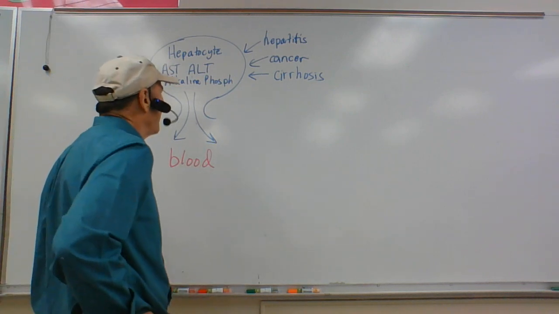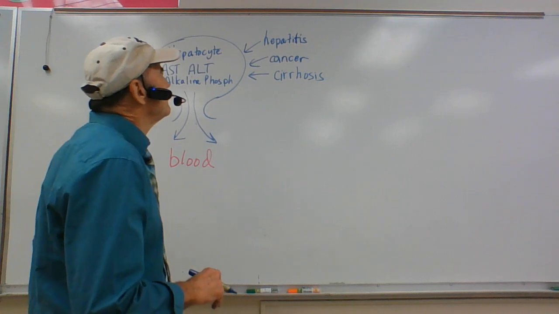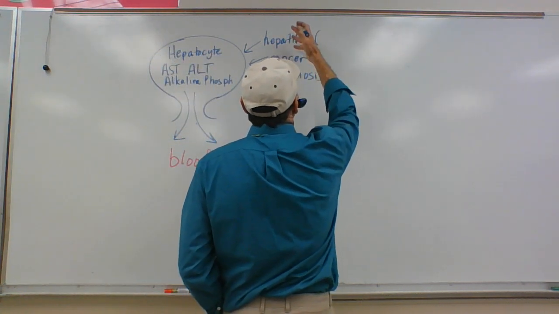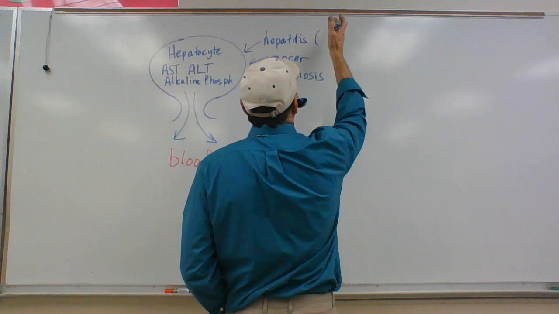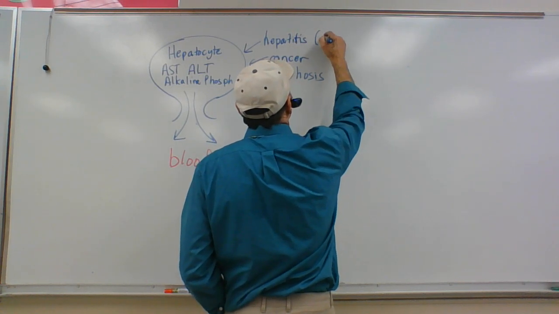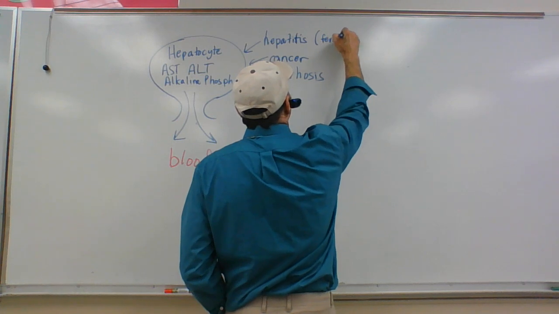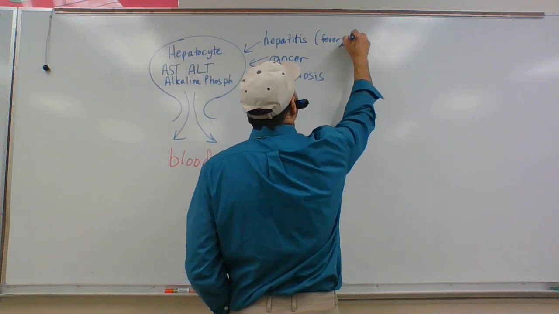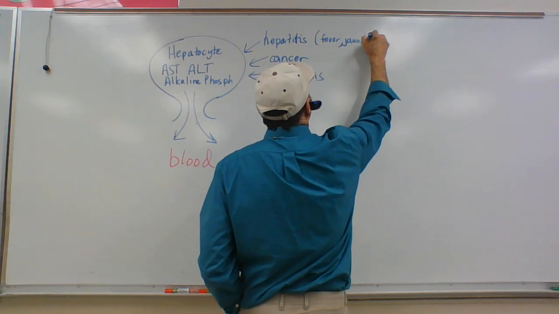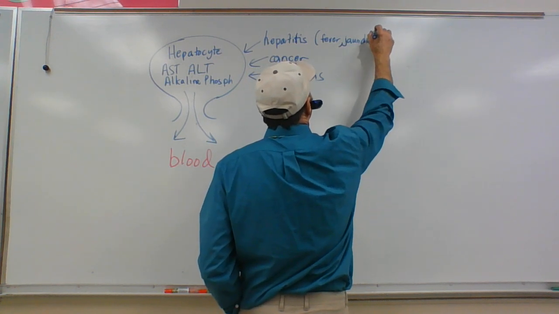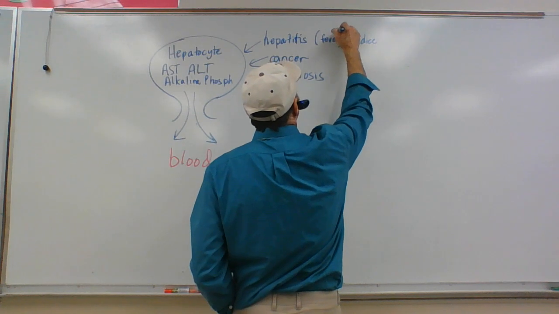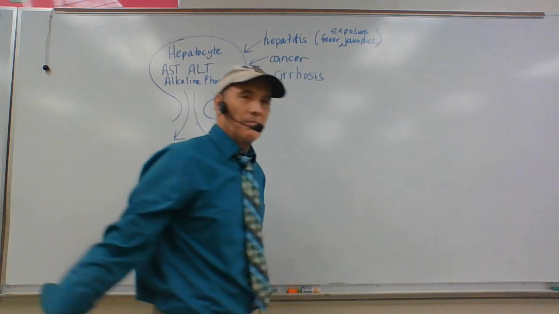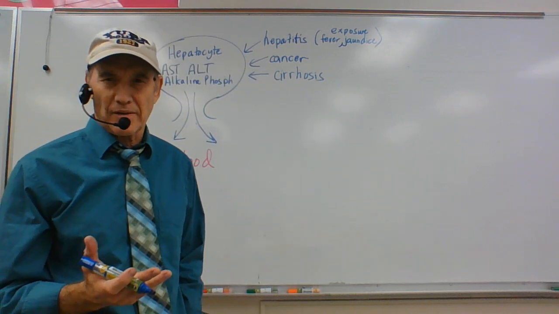So then you put it together with other symptoms. Say you've got a person that's been exposed to hepatitis. They got a poke of some sort. They've got a fever. They're jaundiced, but they have some sort of exposure to hepatitis.